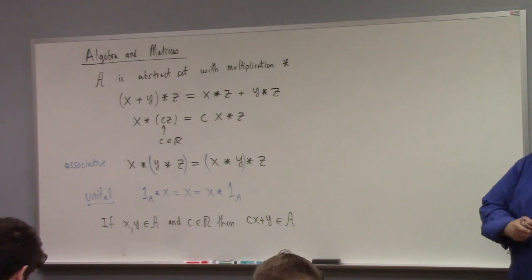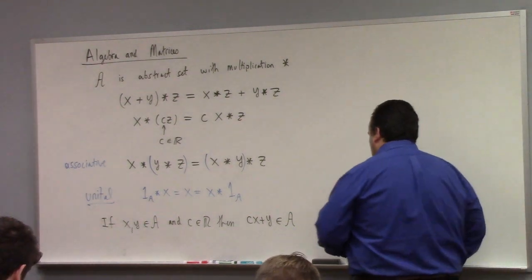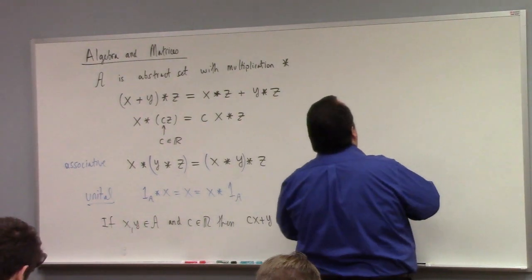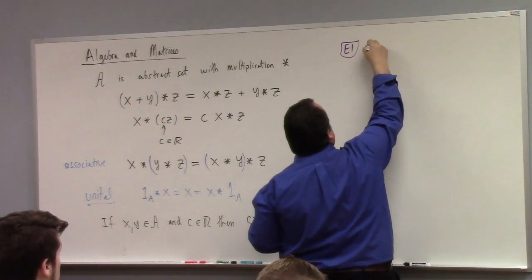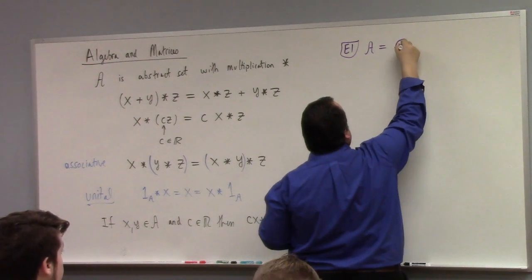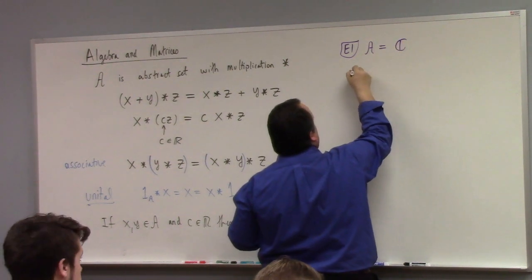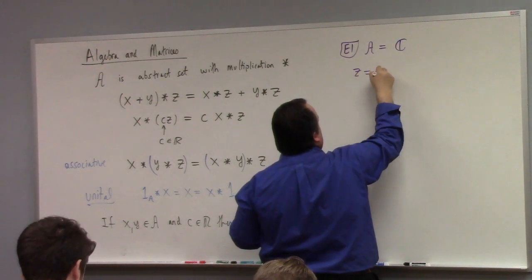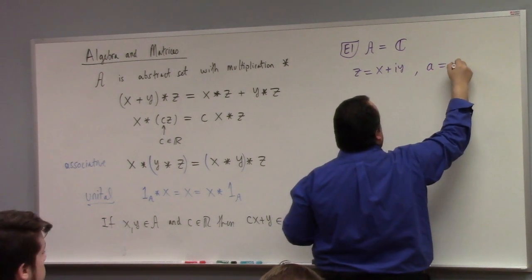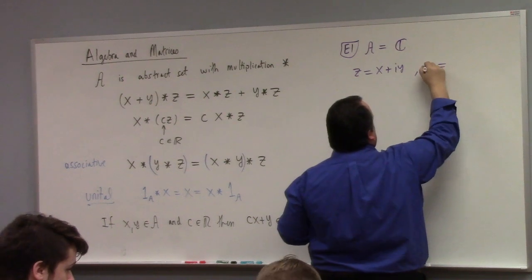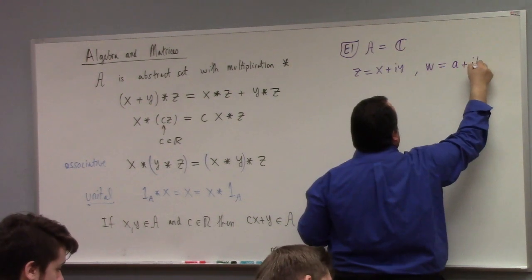So what are some examples of algebras? This one I hope you're familiar with. We could have A equal to the complex numbers, right? So if you look at Z equals X plus iY, and W equals A plus iB, how do we multiply complex numbers?